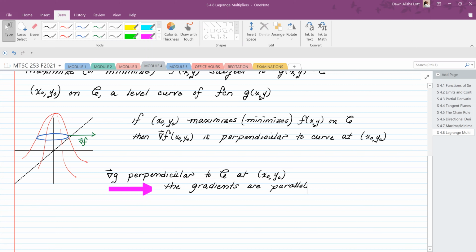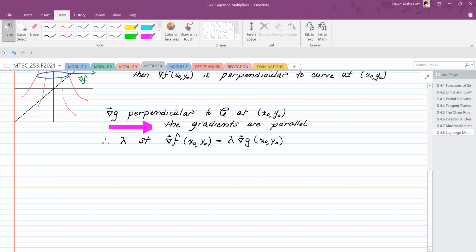If one is a multiple of the other, there exists a number lambda such that the gradient of f at the point x naught, y naught is equal to a constant times the gradient of g at the point x naught, y naught. And this lambda is called the Lagrange multiplier.